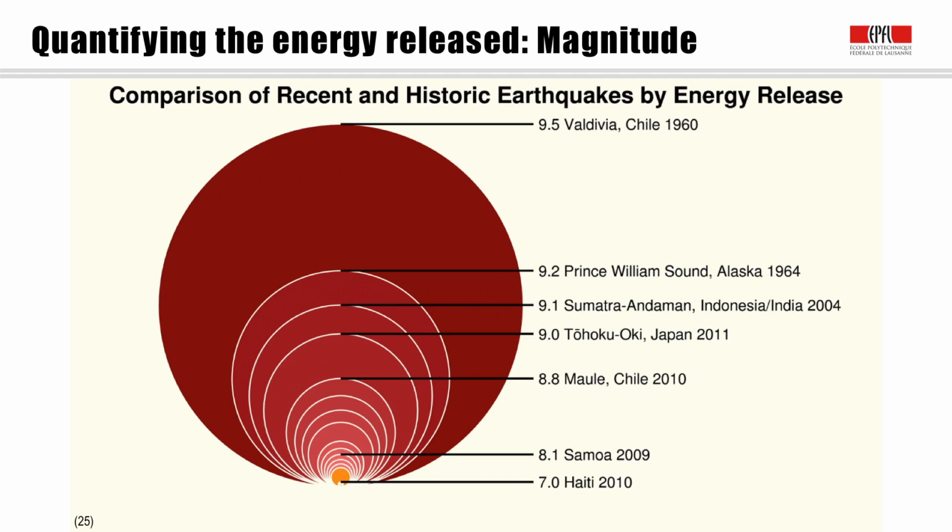This should put things in perspective if I tell you that only a few earthquakes with magnitude larger than 9 have been measured over the past 70 years. The maximum magnitude registered until today was approximately 9.5 in Chile in 1960.